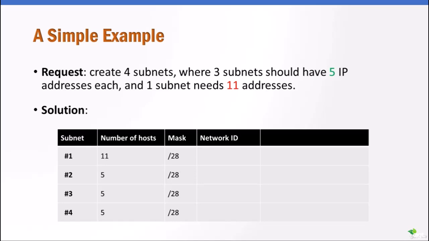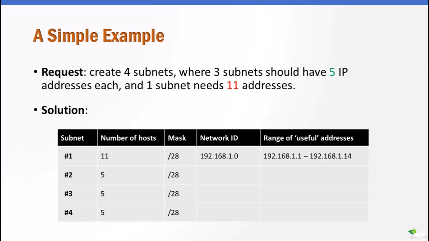Our remaining fields are going to be network ID, which is the network IP address, and then the last column is going to be the range of useful addresses. So the network ID we're going to begin with is 192.168.1.0.